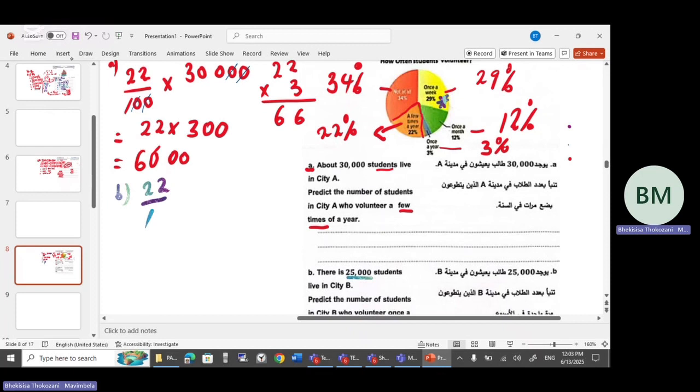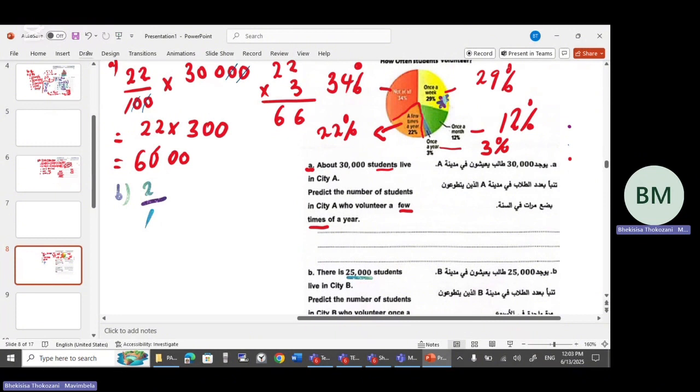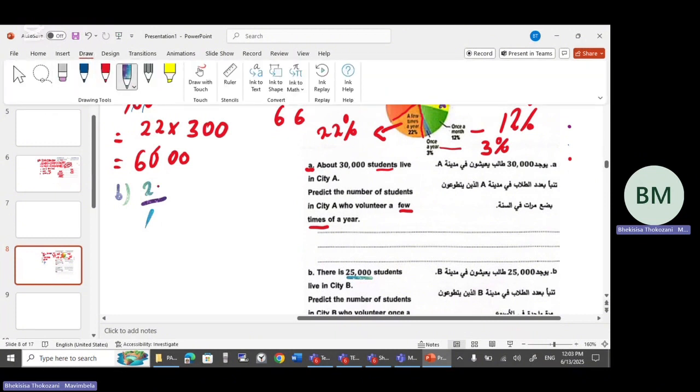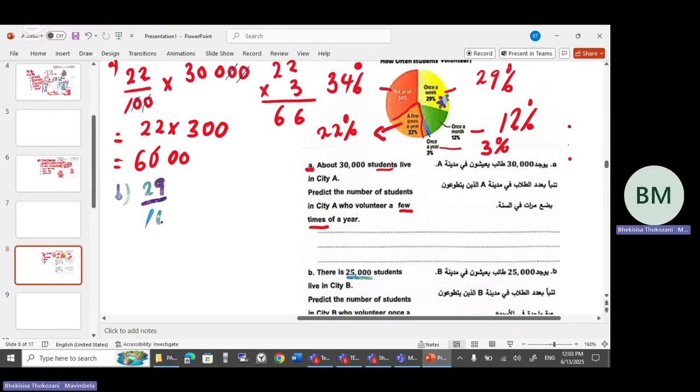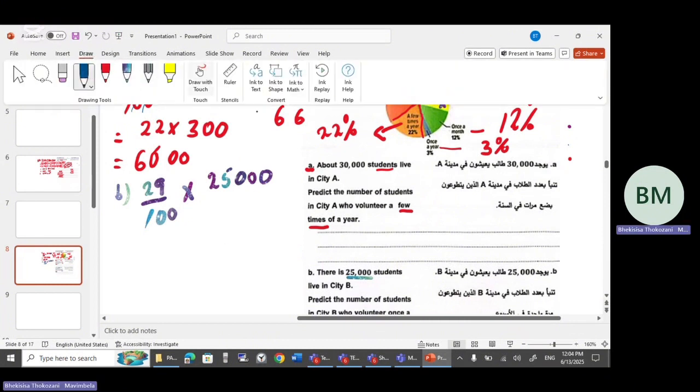Sorry, not 22, it's 29 there. It's 29. So it's 29/100 multiplied by, again, how many students are there? 25,000. You got that? And then again, you're going to try to simplify this to make our life much easier.